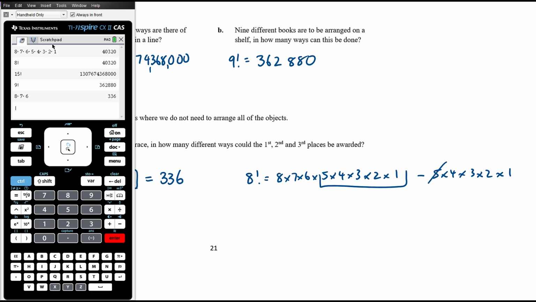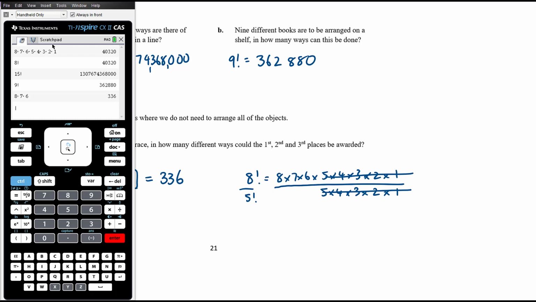They don't cancel out. So the way I'm going to be able to cancel them out is not to take them away, but to divide by 5 times 4 times 3 times 2 times 1. Okay, that would then cancel all of that out, and I just get left with 8 factorial divided by 5 factorial, which just leaves us with 8 times 7 times 6, which is what we want.